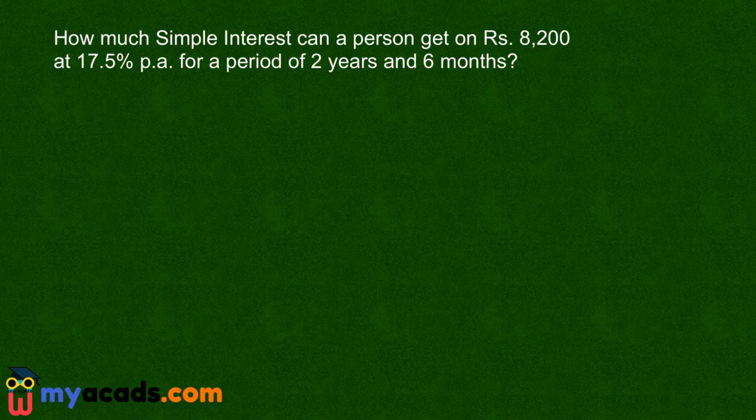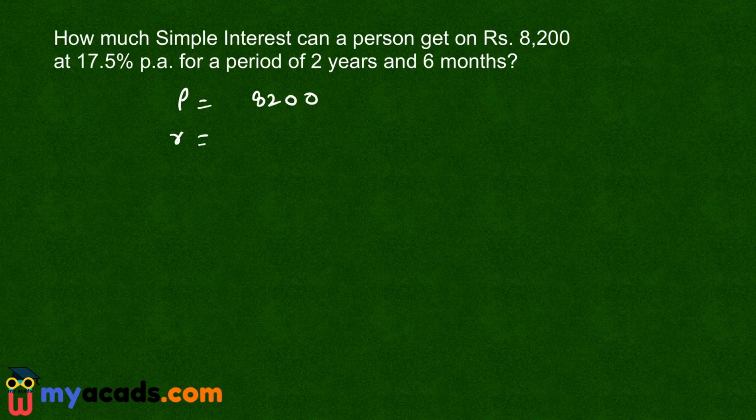Let's solve this question. The question says, how much simple interest can a person get on rupees 8200 at 17.5% per annum for a period of 2 years and 6 months? So the principal is 8200.